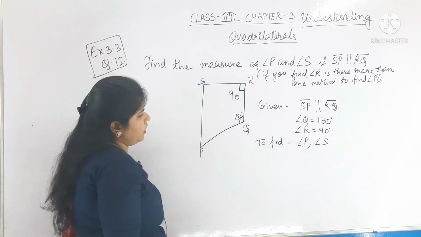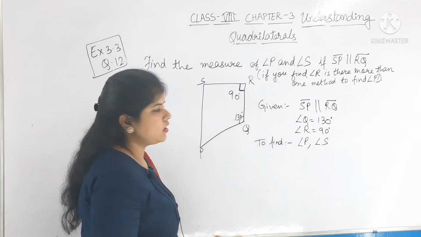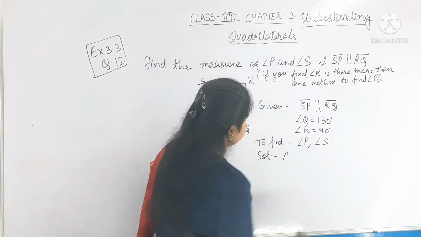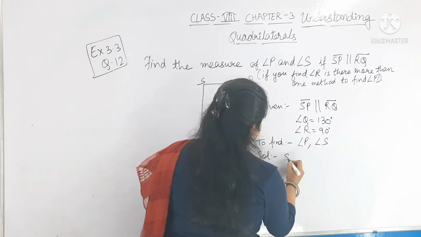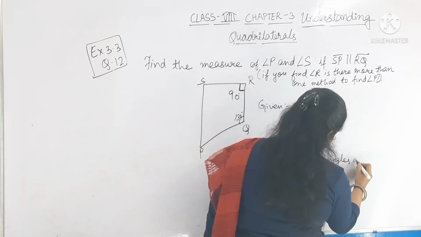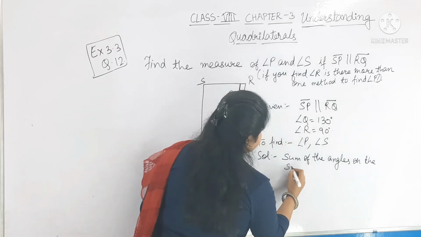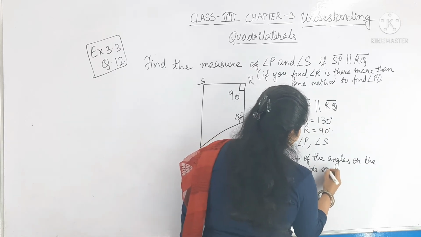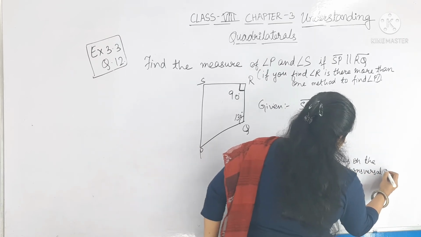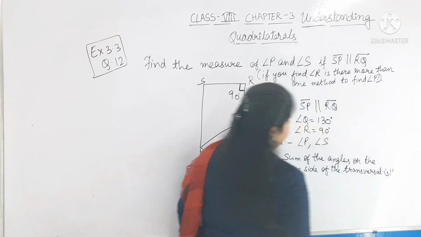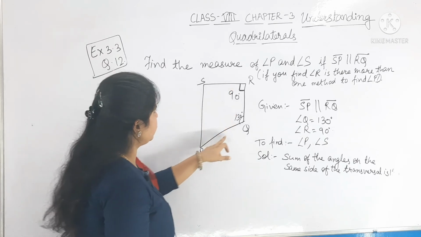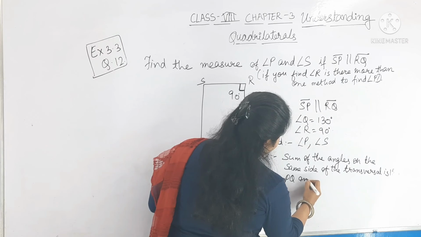First method: we know the property that the sum of the angles on the same side of the transversal is 180 degrees.